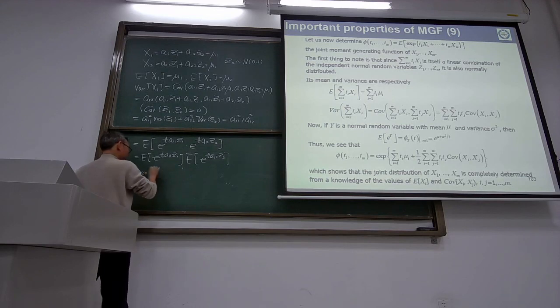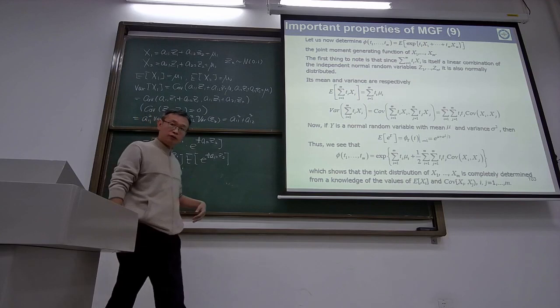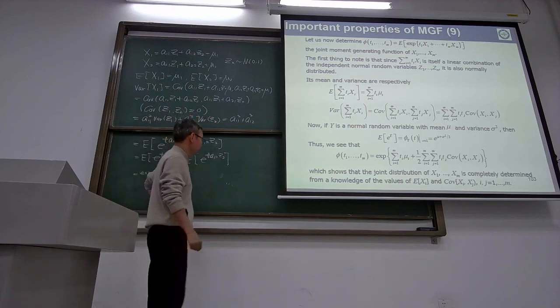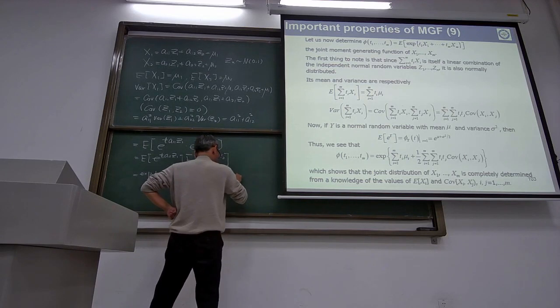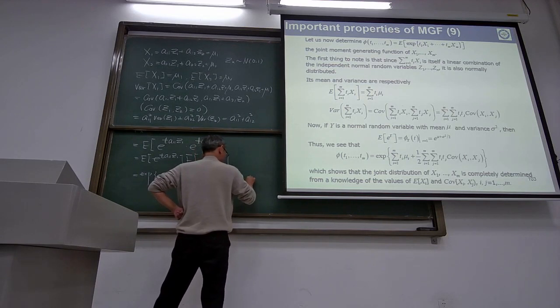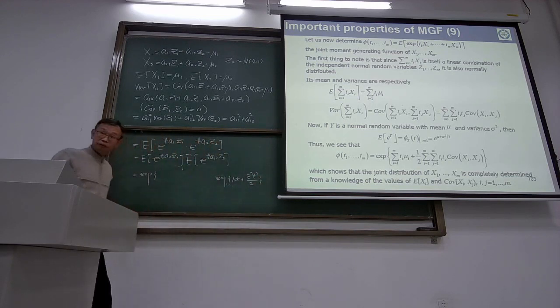Do you remember the moment generating function of the normal distribution, exponential of mu t plus sigma squared t squared over 2?